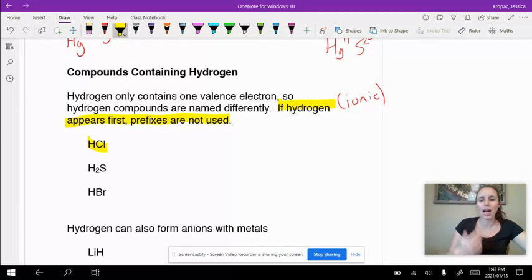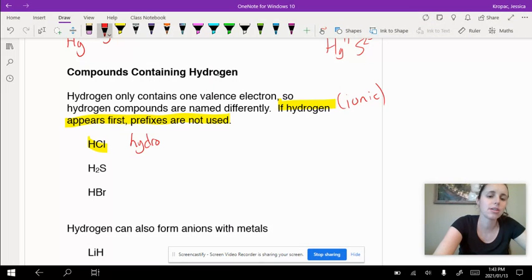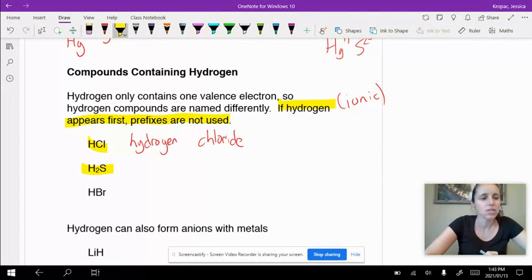So for example, hydrogen and chlorine, I'm naming this like an ionic compound. The first element, hydrogen. Second element is chlorine, I'm going to call that chloride. The next one that we look at here, H2S. Hydrogen is first, sulfur is second.